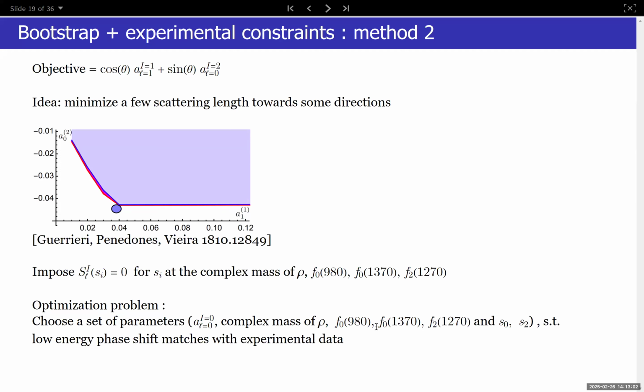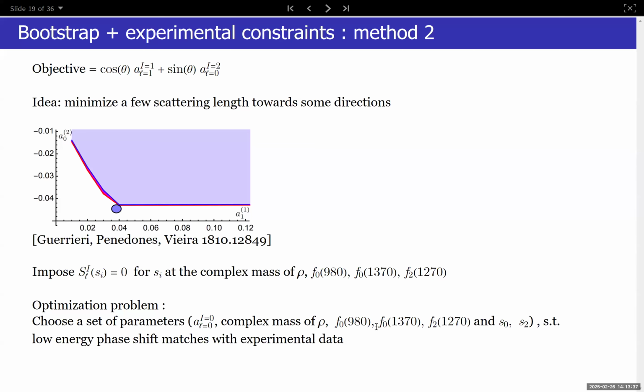Back to the work done by Andrea a few years ago. They checked the low energy scattering lengths, where A is the S matrix expanded around threshold, and A is the leading coefficient. A11 is isospin 1, spin 1, and A02 is spin 0, isospin 2.